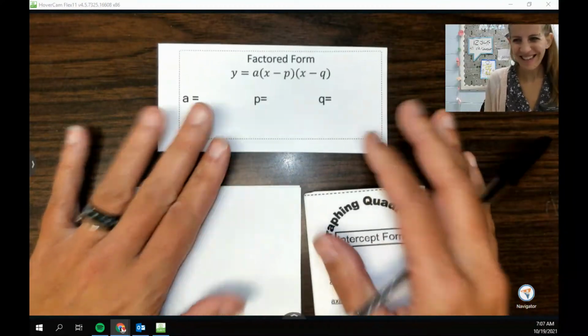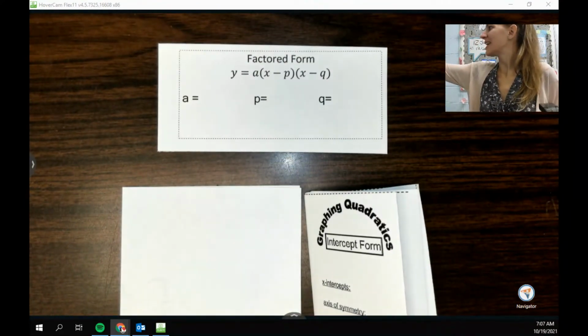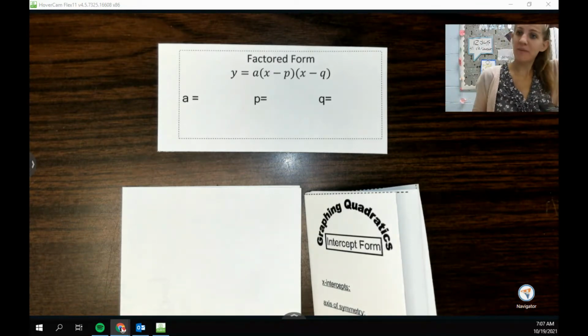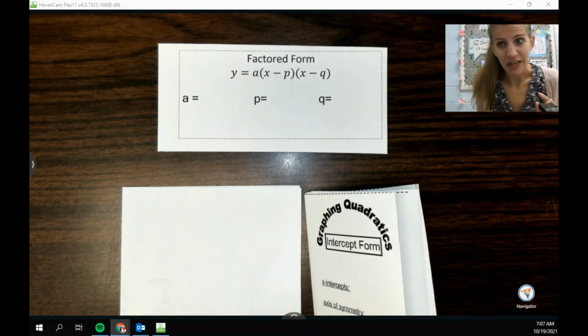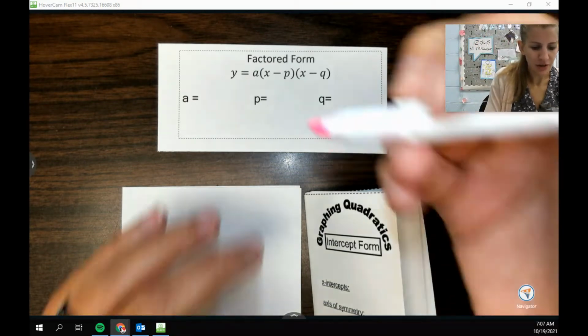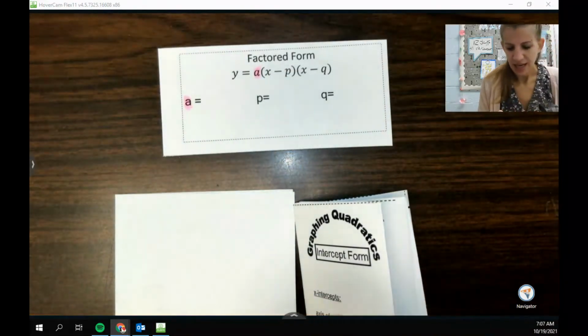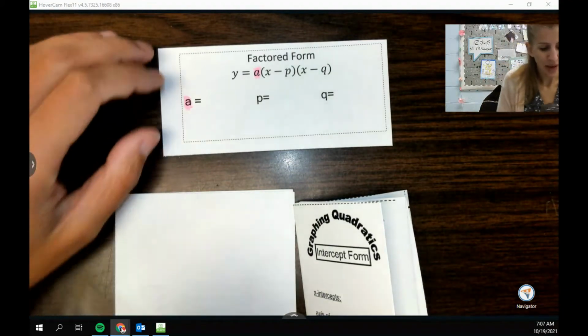Okay, let's get started. So our final form here, factored form, is so great. I love it, but it does graph very differently than all of our other graphs. One thing that it does still have in common with all of our other forms is our A value is still here and it's still slope, okay?